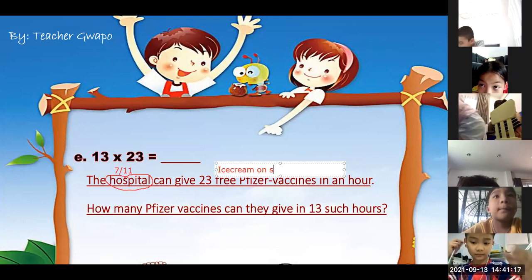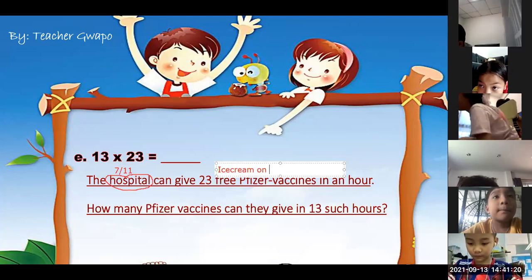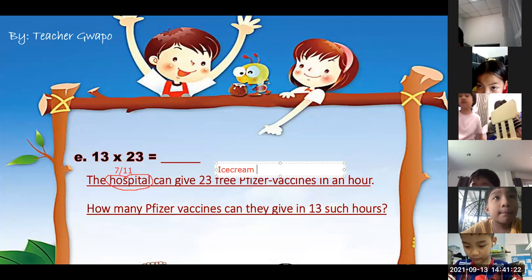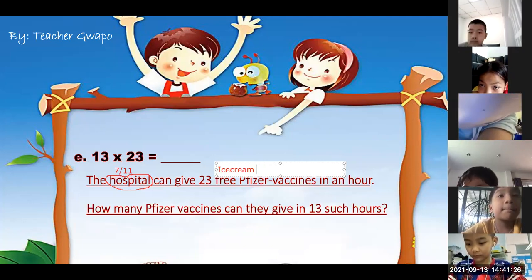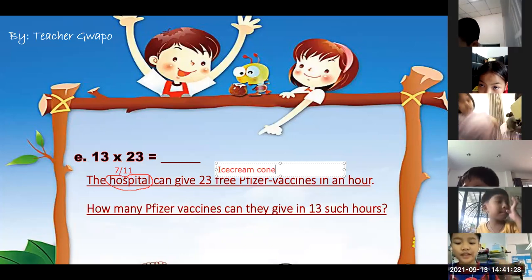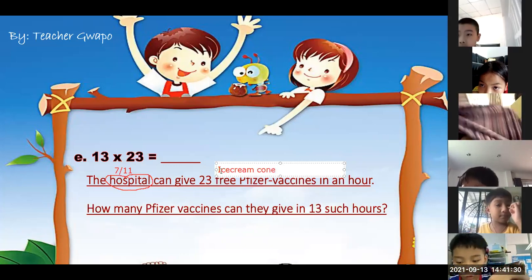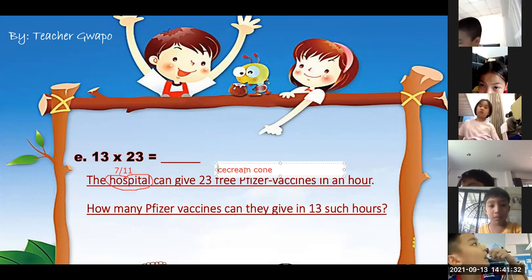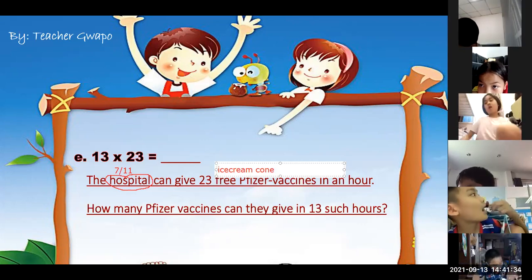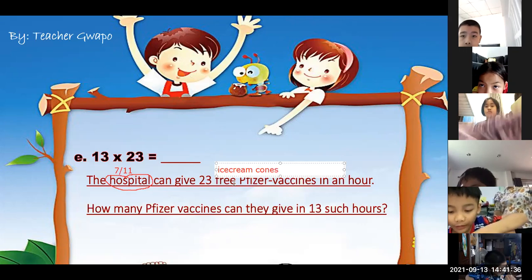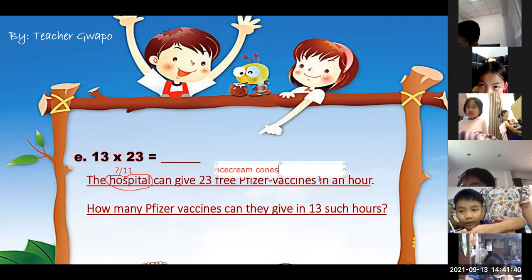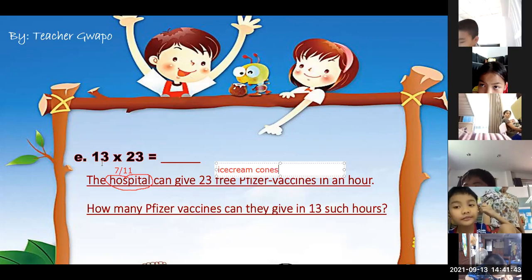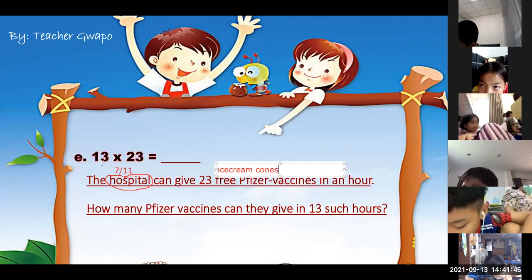Maybe ice cream cone. Okay, ice cream cones, let's put S here. So the 7-Eleven can give 23 ice cream cones in an hour.